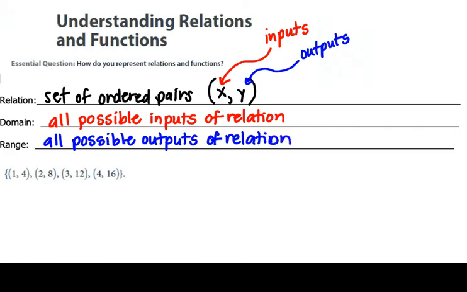So here we have an example of a relation. We have ordered pairs (1, 4), (2, 8), (3, 12), and (4, 16).